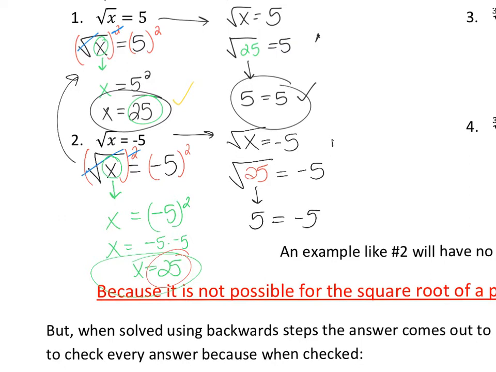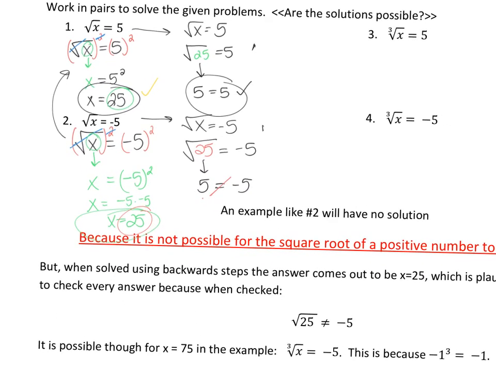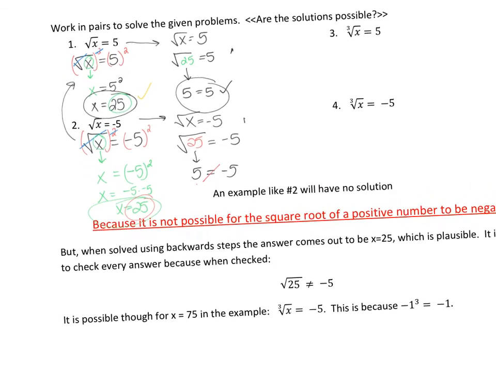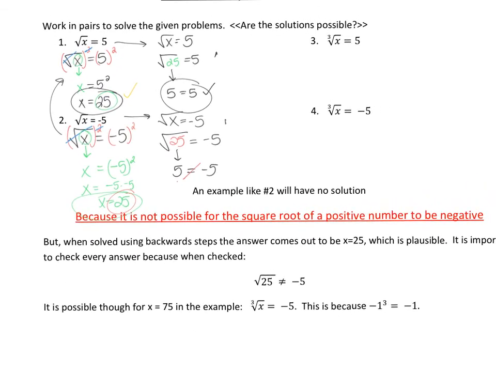But 5 does not equal -5. Okay? And why is this happening? Because it is not possible for the square root of a positive number to be negative. So here we had a positive 25 in my square root. It is not possible to ever equal a -5.